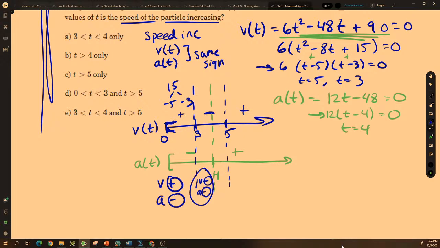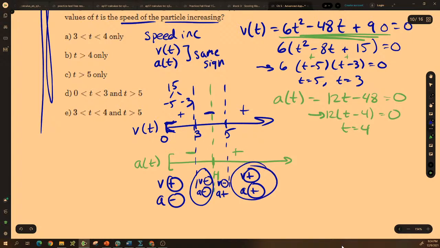Then the next section, v is still negative, but now after 4, a is positive, so this did not work. And then at the very end, v is positive and a is positive. So this works. So my two sections, in between 3 and 4 worked, and then after 5 worked. So that's choice E.